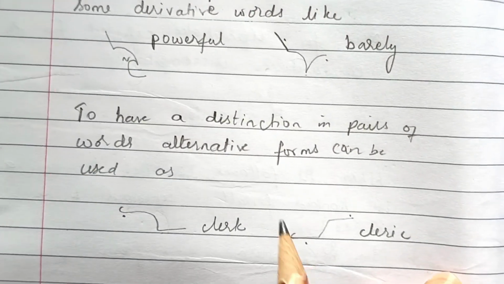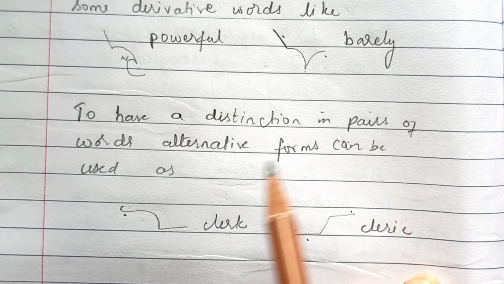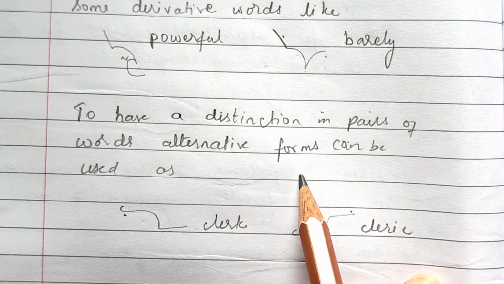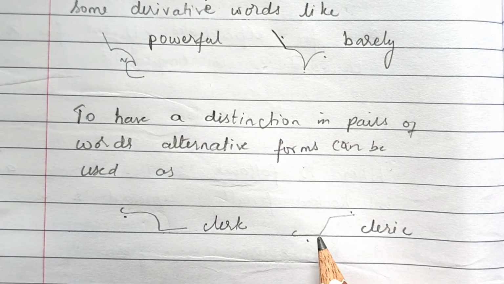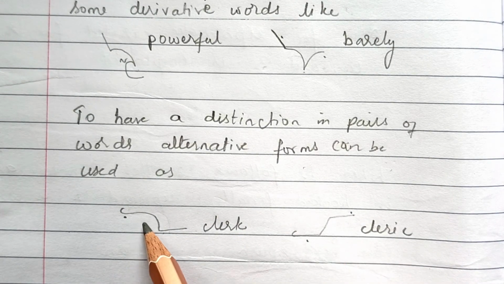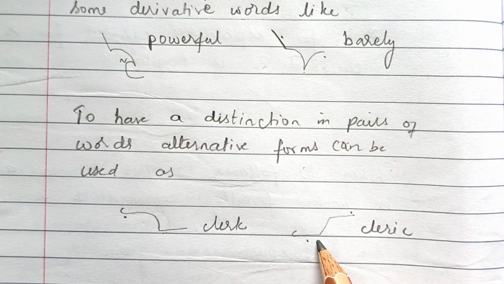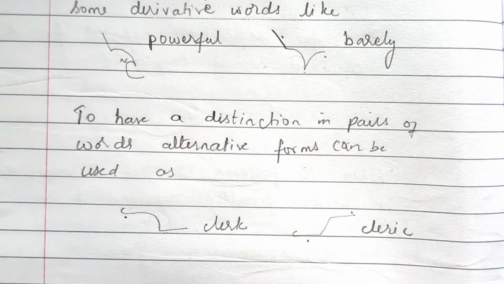And further, to have a distinction between pairs of words, the alternative forms can be used, like clerk and cleric, where we have a downward R for clerk and upward for cleric.